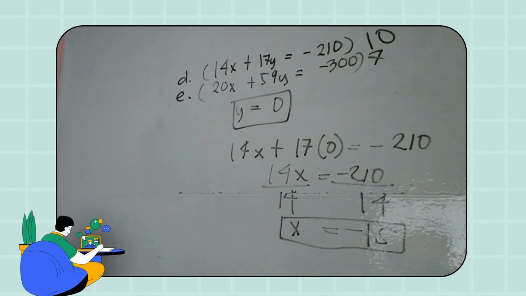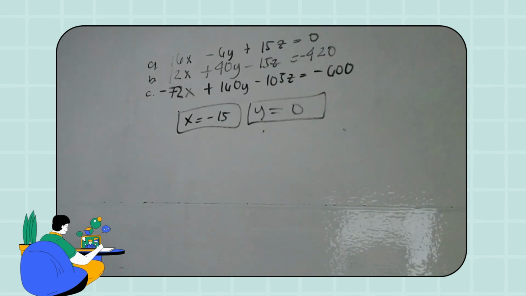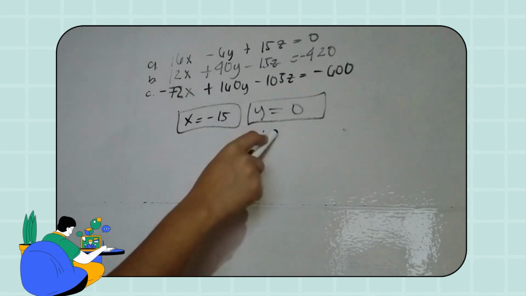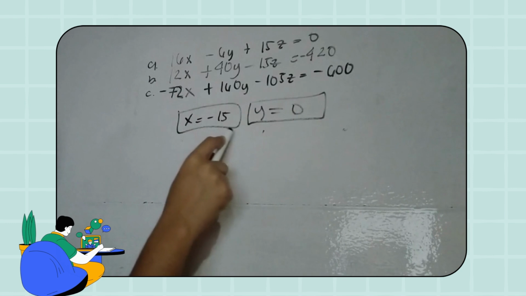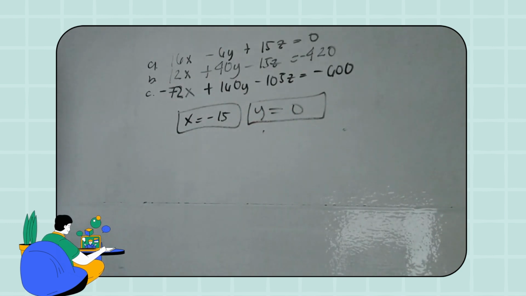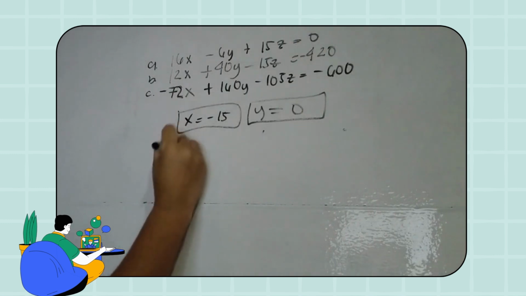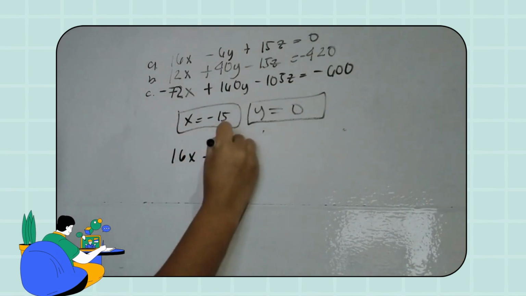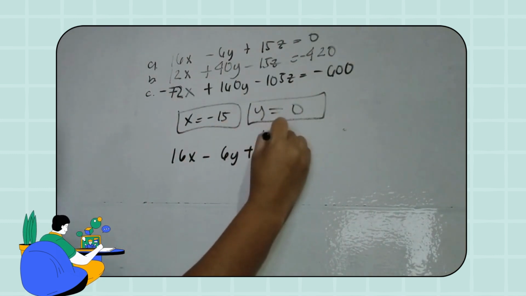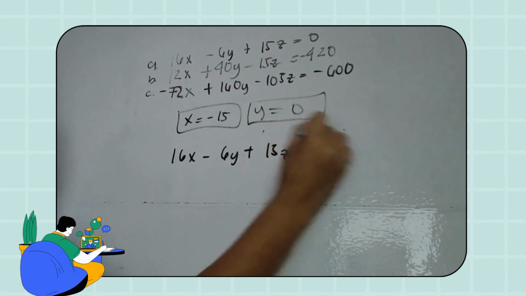Now that we have solved the values of x and y, wherein x is equal to negative 15 and y is equal to 0, let us solve for z. We may use the original equations A, B, or C in order to solve for z. This time we will use equation A. So you have here 16x minus 6y plus 15z is equal to 0.